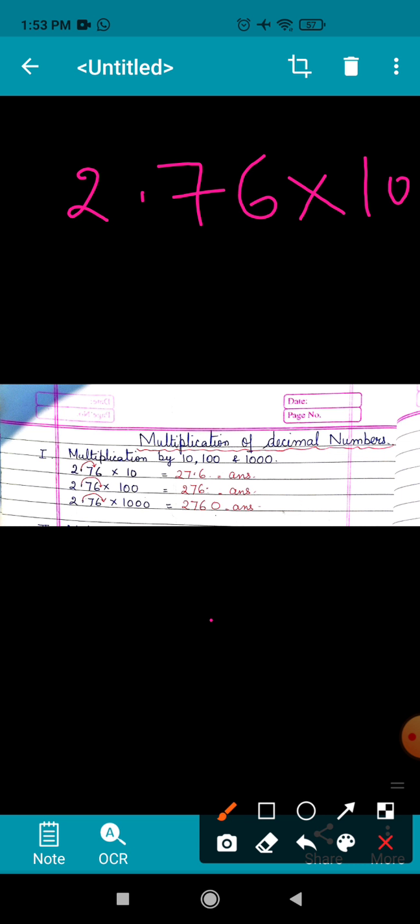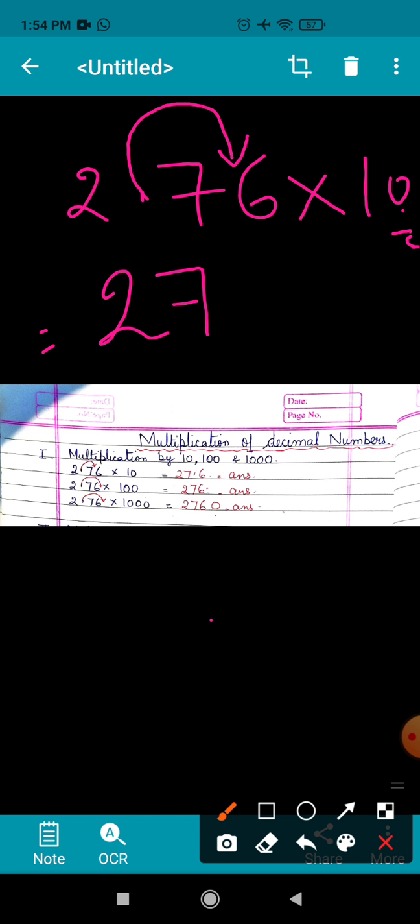Here you can see in the multiplier 1 zero is there, so the decimal will shift towards the right side only one step. Why? Because only 1 zero is present here. So the answer will become 27.6, that you can see here.